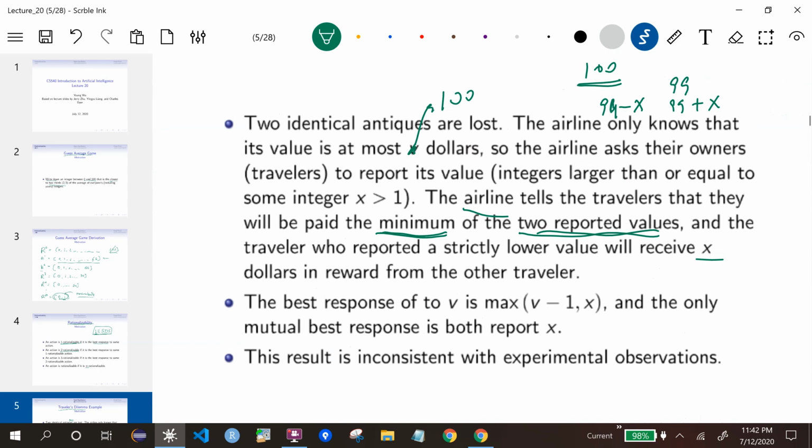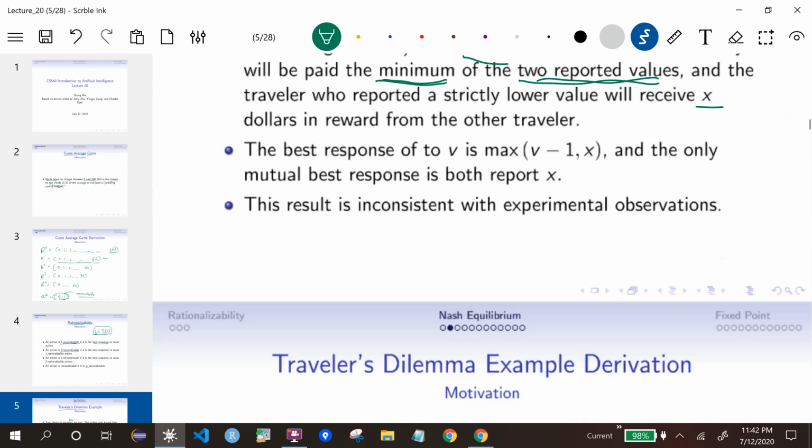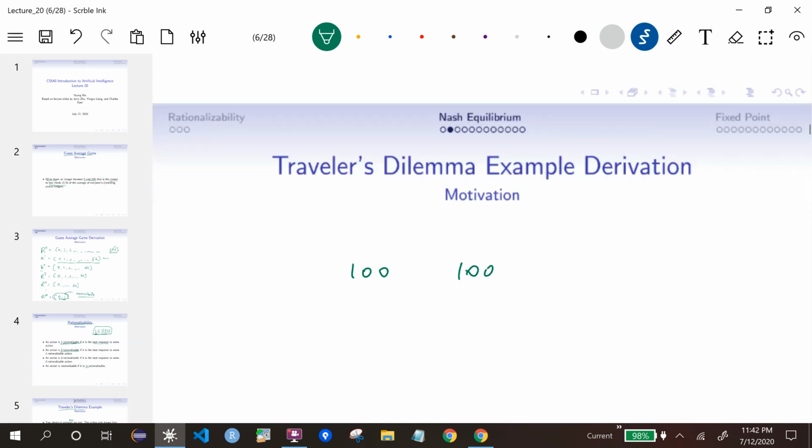So suppose they both report the highest possible value that the airline can accept. Suppose I'm traveler 1, and the other guy is traveler 2. Then should I report 100? If I report 100, I will get 100.